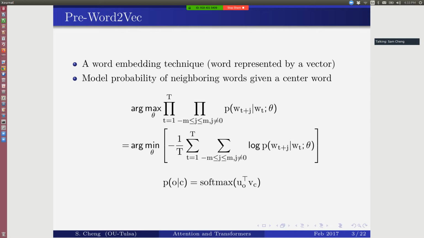Maybe not very efficient, but for words, for example in English, we can easily have 10,000 words or maybe 100,000 words. So in this case, we really want to reduce the dimension.